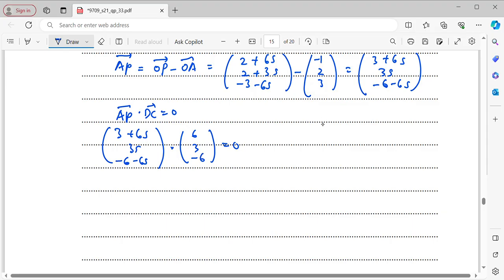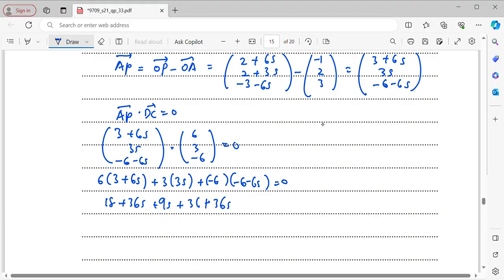Then now you need to multiply, and plus with the next multiplication. Okay, so expand all the terms. 18 plus 36s plus 9s plus 36 plus 36s equals to 0.